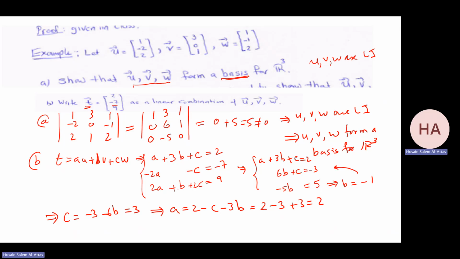Just want to be sure I did not make any mistake. Yeah, 2. So I have T is what? A is 2, that will be 2U, V is minus 1, minus V plus 3W.